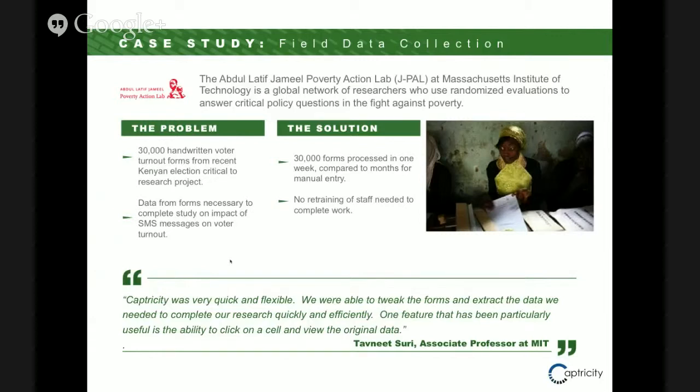What's important to note is that they did not have to redesign any forms. These were already done, and they just went back in time to grab the information. And as a counterpoint, this is data that was used to study the impact of SMS messaging, right? I know that SMS-based data collection was pretty popular.